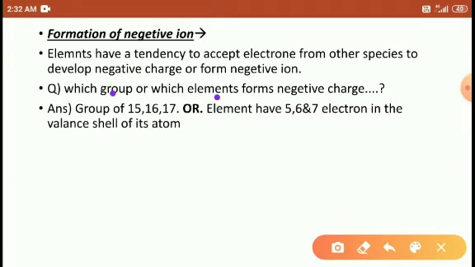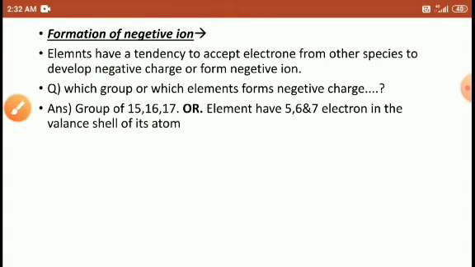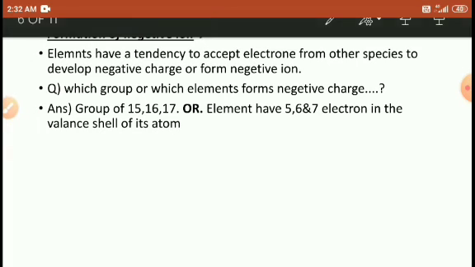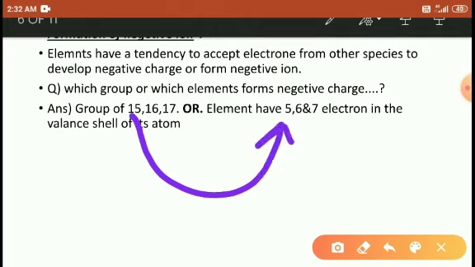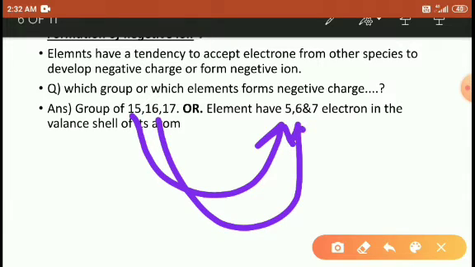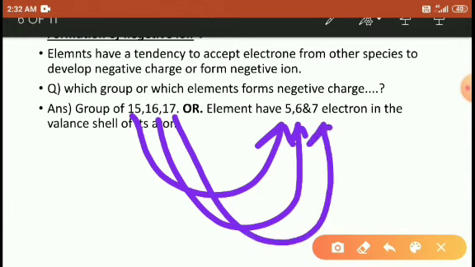So groups 15, 16, 17, or elements with 5, 6, 7 electrons in the valence shell. Both are the same: group 15 valence is 5, group 16 valence is 6, group 17 valence is 7.